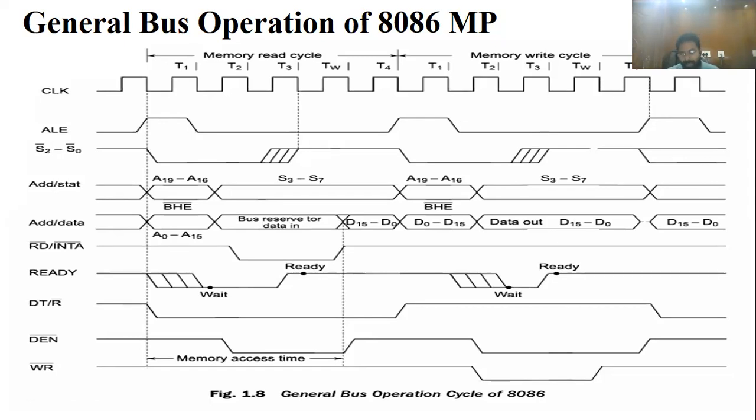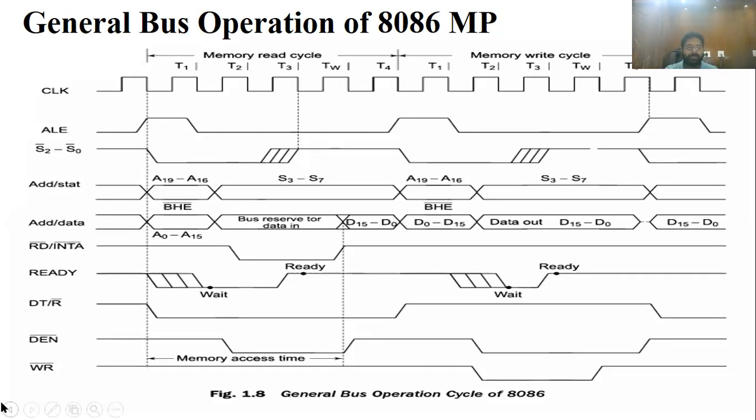Other operations have more clocks generated by the timing and control unit, based on which type of operation it performs. So you see this clock, it is a negative edge triggered clock. For performing the read operation, the microprocessor wants 4 cycles. For performing the write operation, the microprocessor wants 4 cycles.